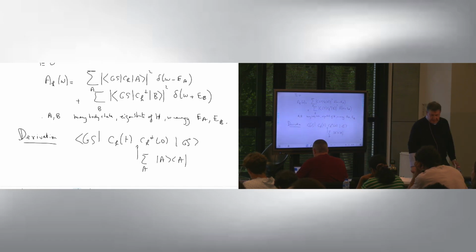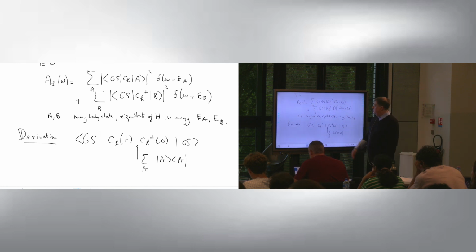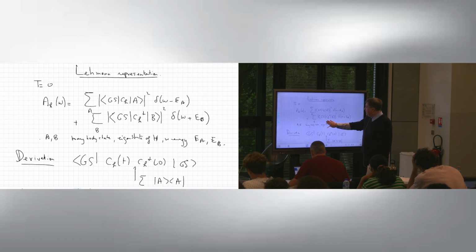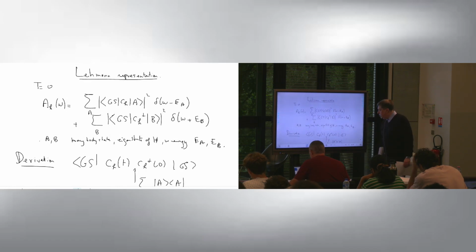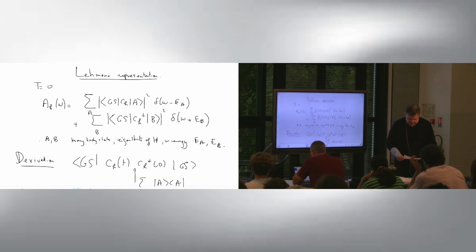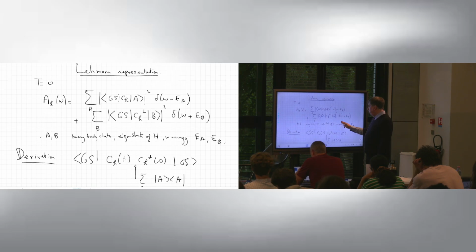Okay? So that is completely straightforward. There is no other transformation than this. So that's the formula. What's interesting is to try to understand a bit what the physics of this is and what it tells us about the function.